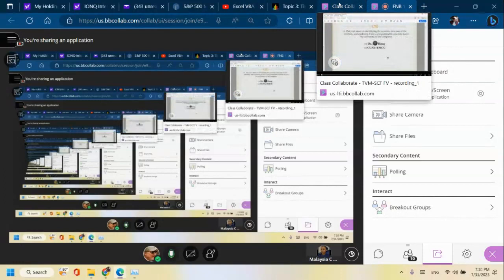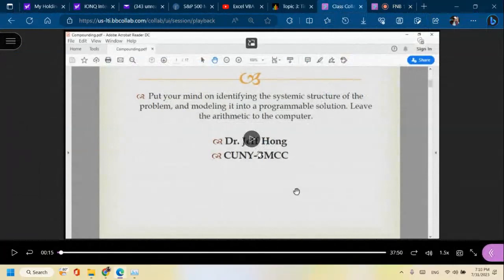All right, we're back. Time value of money is the basis and foundation for all financial mathematics related to finance.